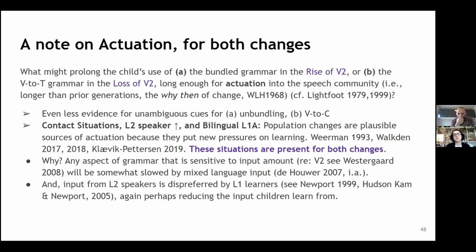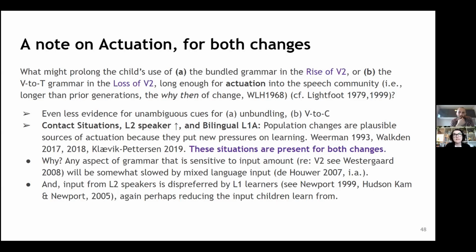And contact situations are going to precipitate this, or exacerbate this. And these contact situations are present for both the changes that we've talked about, as Espen has talked about. And so bilingual acquisition situations are going to affect any aspect of grammar that's sensitive to the input amount, because the child gets less input in each of the languages.